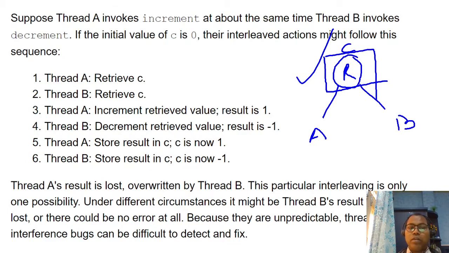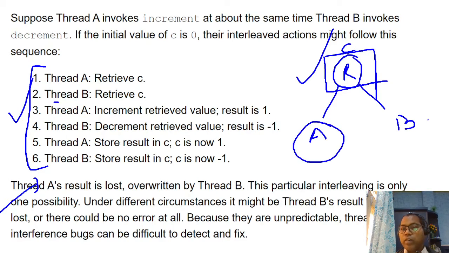This depends on how many cores your hardware has and how threads get a chance. Maybe thread A gets the first chance and does all the steps, and after that thread B gets a chance, and then there is no problem. Both work as per the correct behavior. But the possibility is that both start simultaneously. That is the problem. These kinds of problems happen when you make one thread communicate with another thread by passing a shared resource.